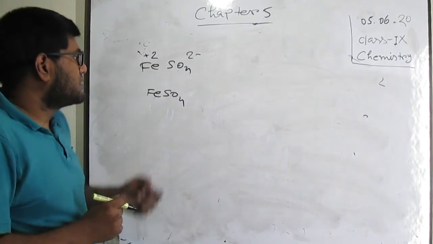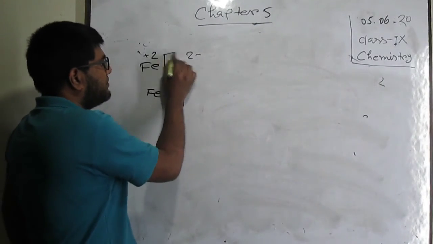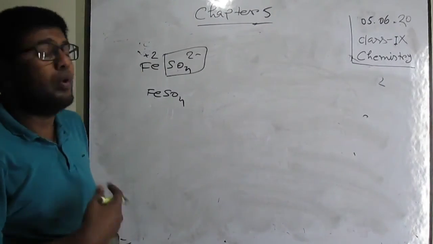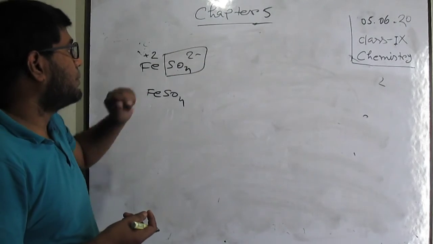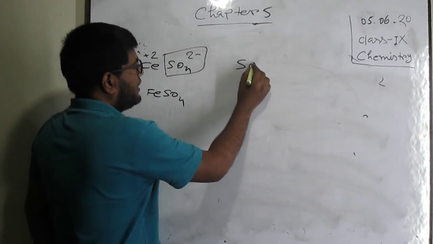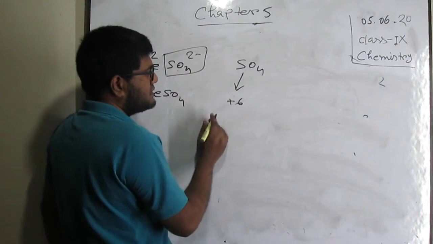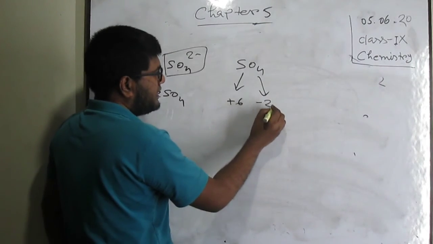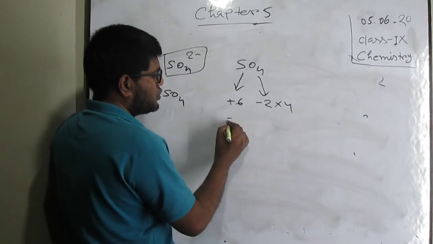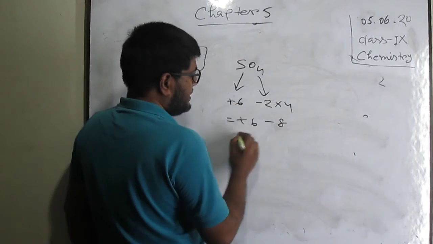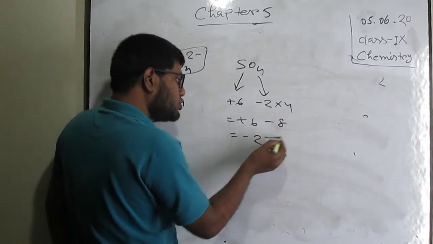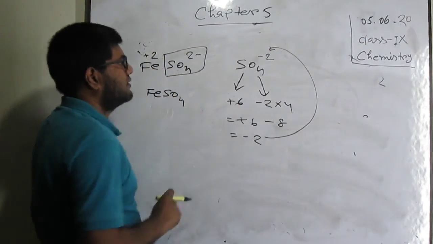Sir, you can ask me, why is the valency of sulphate minus 2? Why is this not minus 3? Actually, for SO4, the valency of sulfur is plus 6 and the valency of oxygen is minus 2 into 4. So plus 6 and minus 8, that means minus 2. Then we should write minus 2 here.